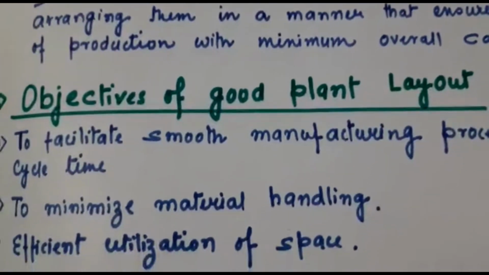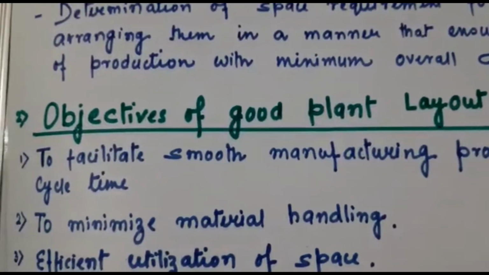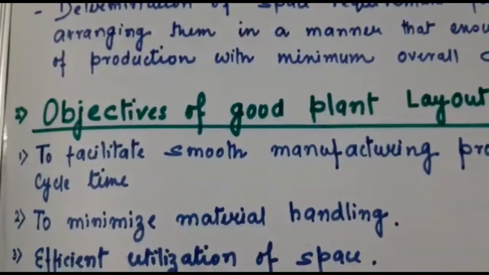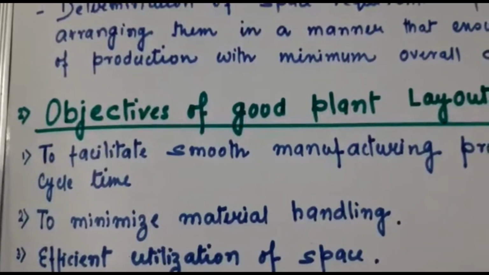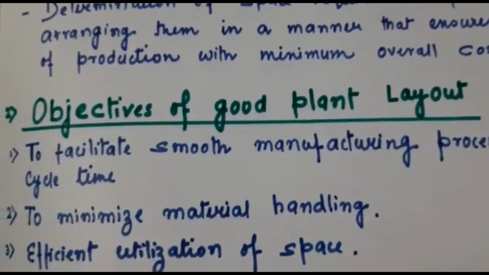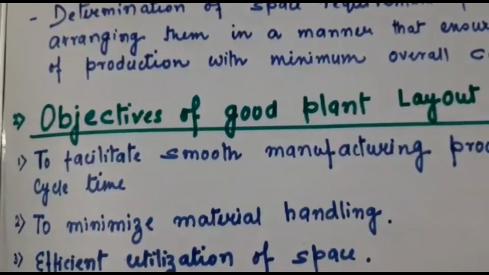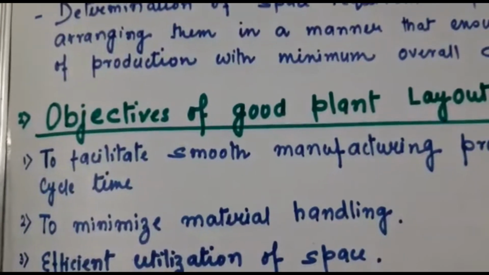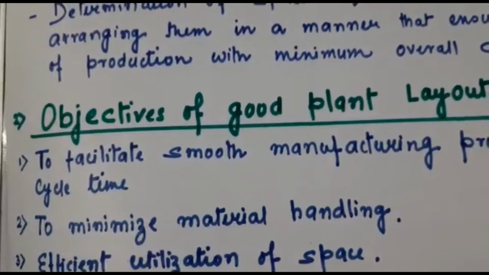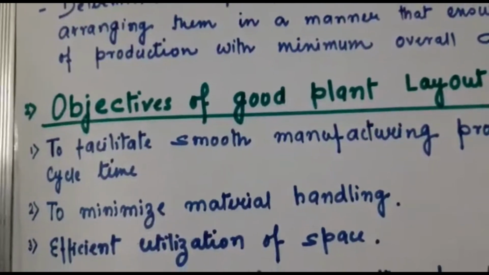So it basically refers to minimizing the movement of the material as well as the machines and the operators between the operations. I repeat, a good plant layout ensures the minimization of movement of materials as well as operators between two operations.